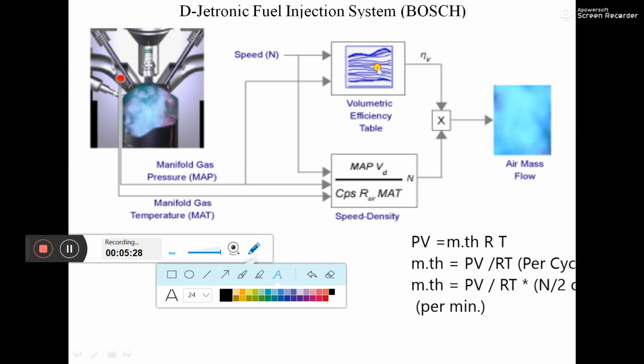On the basis of this, to decide what exact volumetric efficiency the engine currently has, we should have an input like speed and an input like manifold absolute pressure. With respect to those two inputs, we are calculating the volumetric efficiency.